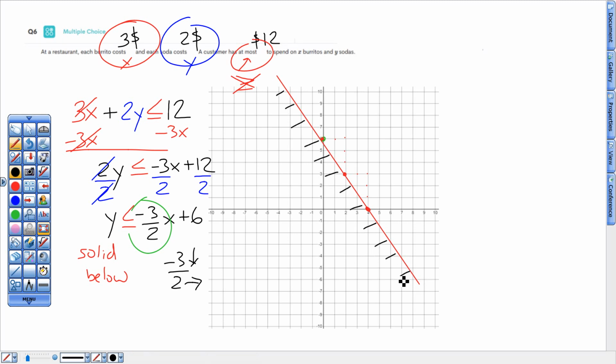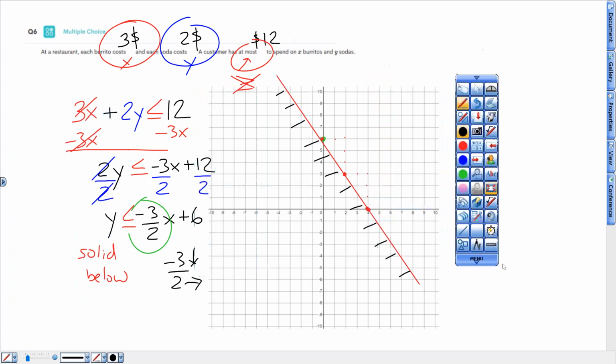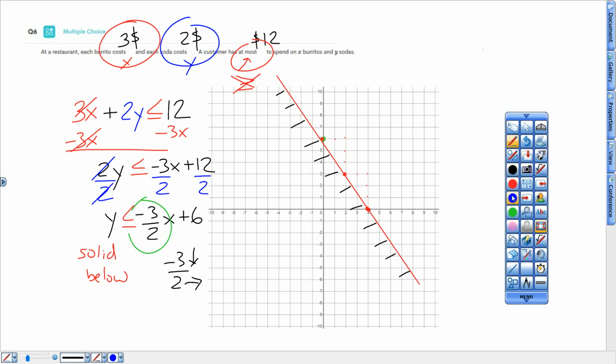Since this is a real world problem, talking burritos and stuff, remember all these points in here, right, this spot right here, that would be one, looks like one burrito, and then right here that'll be 2 sodas. If you buy that, that will get you under that 12 bucks.